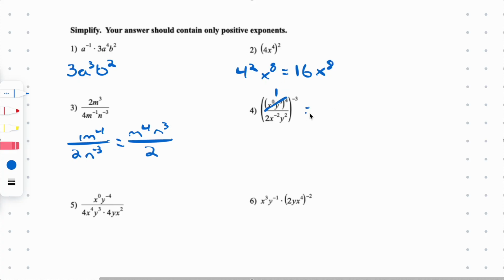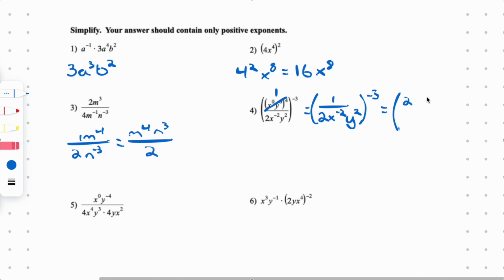So right now we have 1 over 2x to the -2nd y squared, and all of this to the -3rd power. So instead of having that negative exponent, I'm going to take the reciprocal.